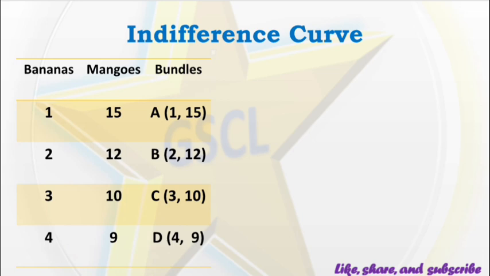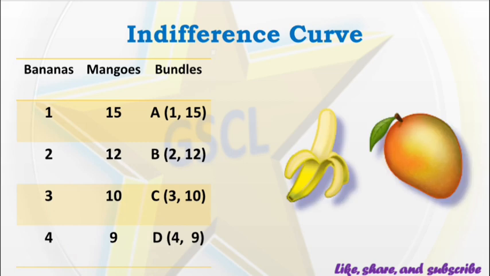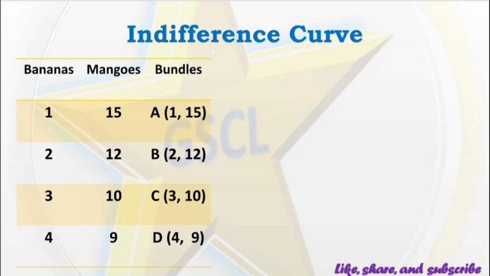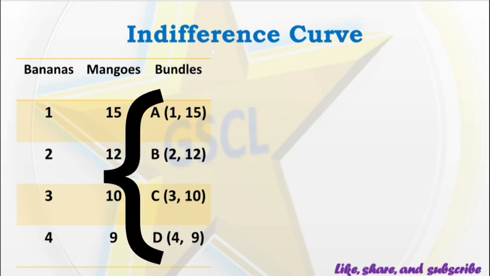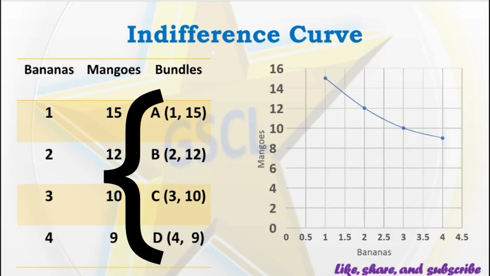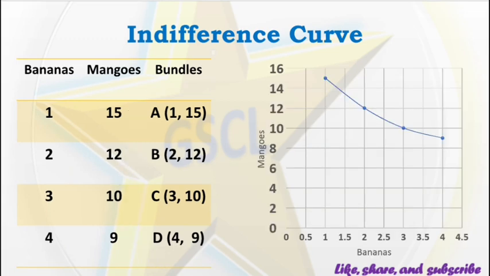At situation 4, in order to have one more banana, the consumer has given up 1 mango. A, B, C and D represent the combinations of 2 different commodities that give the same utils of satisfaction to the consumer. The graph represents the different consumption bundles A, B, C and D.